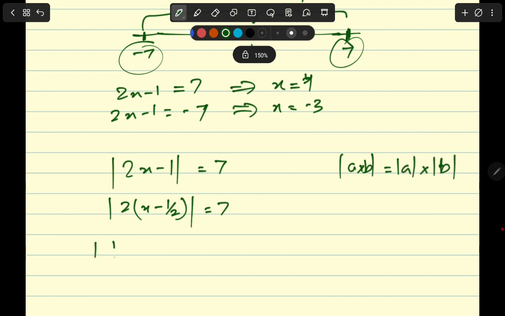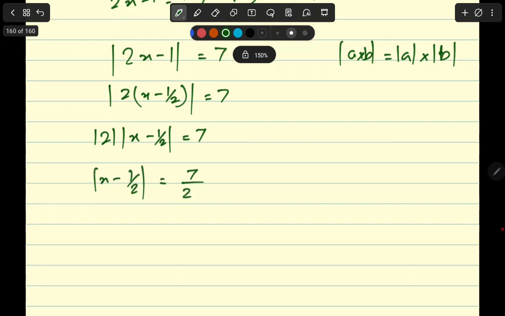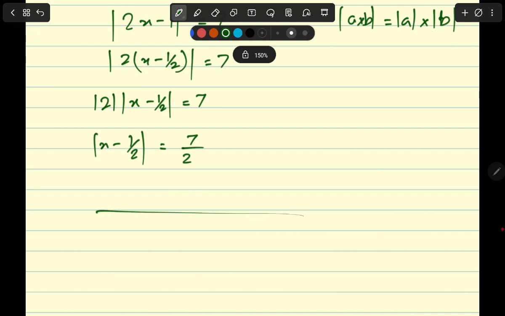So I can also rewrite it as modulus of 2 times modulus of x minus half equal to 7, and modulus of 2 is just 2, so I can divide both sides by 2, so I will get 7 upon 2 is equal to modulus of x minus half. Now very easily I can see that we are asking for the two numbers x which are 7 upon 2 units away from half. So if this is half and this is 7 upon 2, then of course this is going to be 4, and if this is 7 upon 2, then of course this is going to be half minus 7 upon 2, which is negative 3.